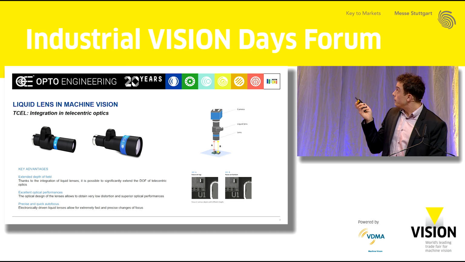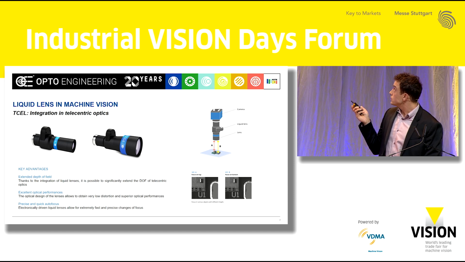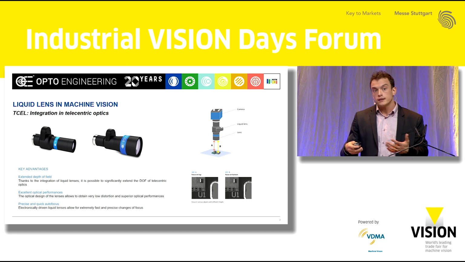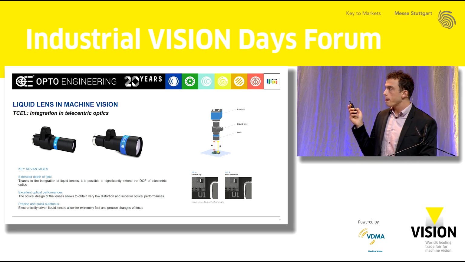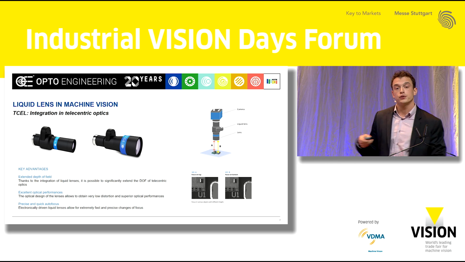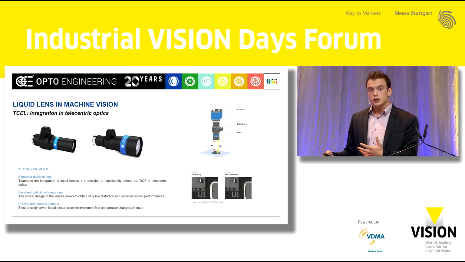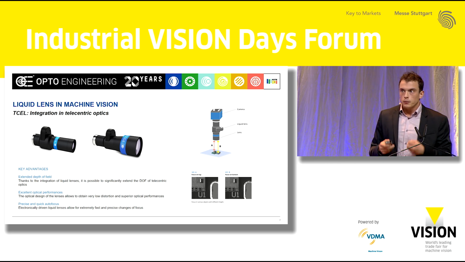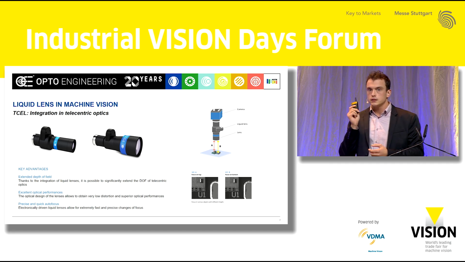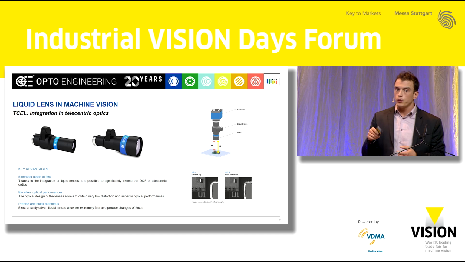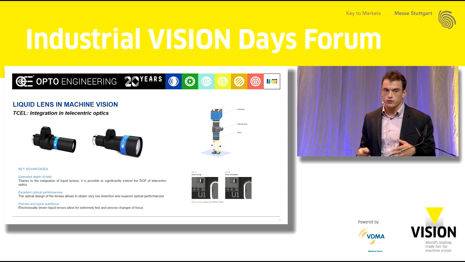This allows you in turn to increase the depth of field of telecentric optics, which is extremely important, for example, when you're dealing with high magnifications, because the depth of field is inversely proportional to the square of the magnification.